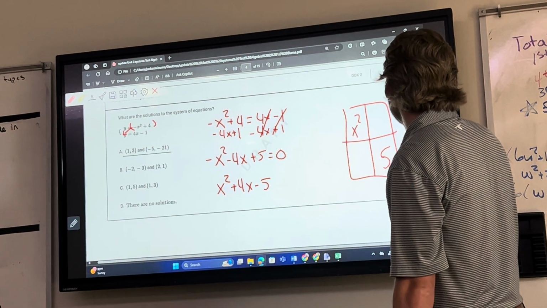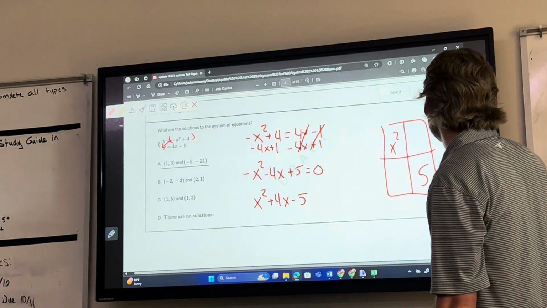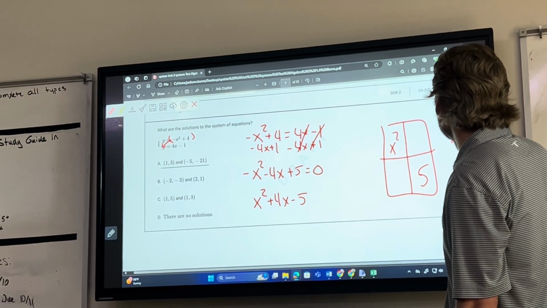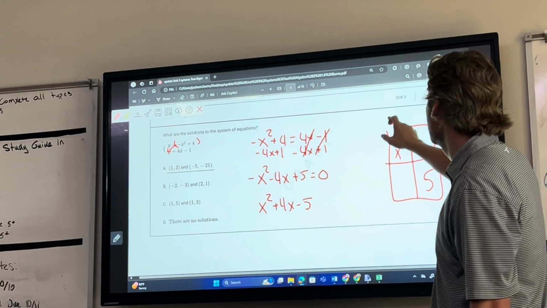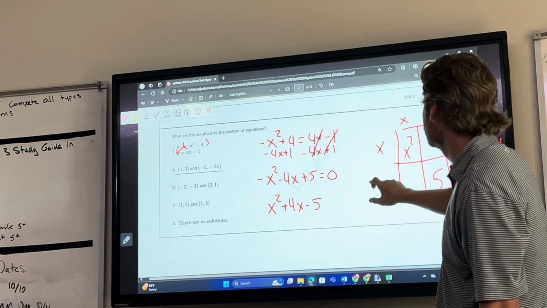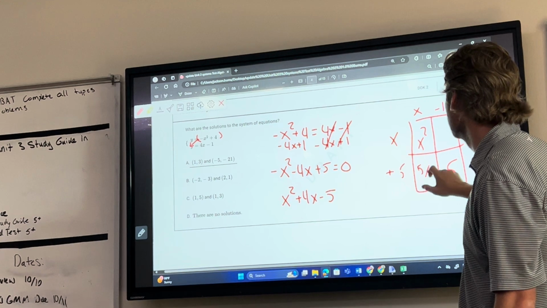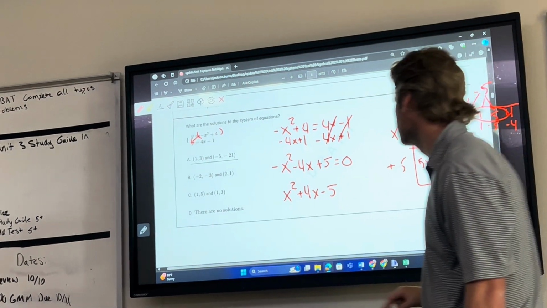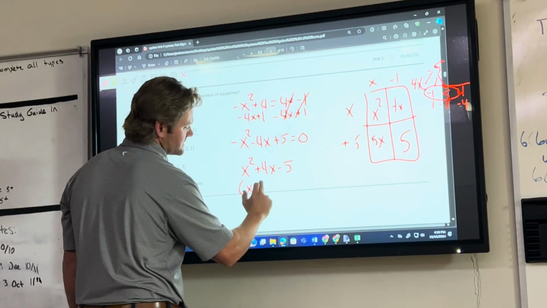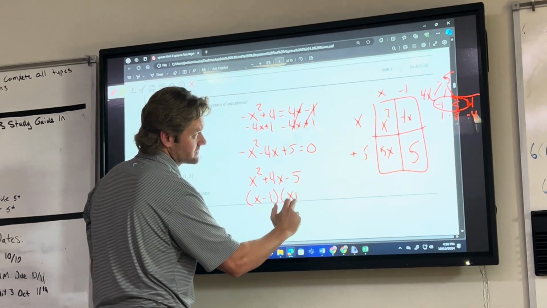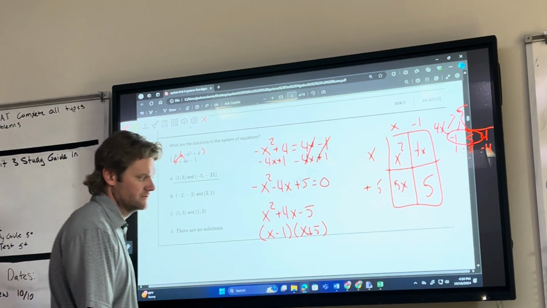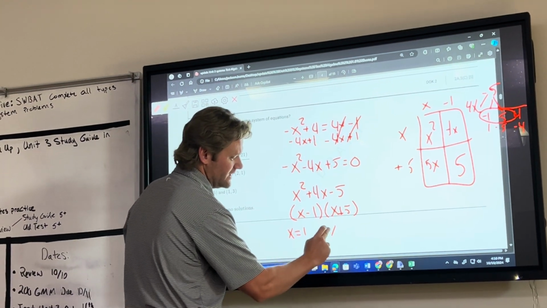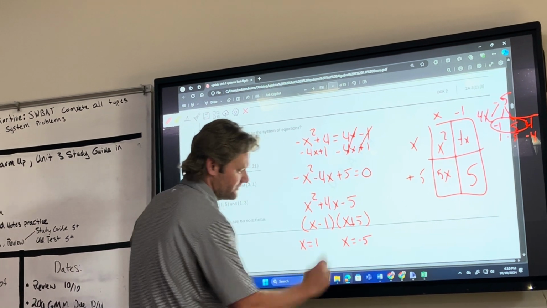I could have negative 1 and 5, or I could have a positive 1 and a negative 5. Remember, I need a positive 4 though, so I'm going to choose my negative 1 and my positive 5. That'll give me 5x, negative 1x, which adds up to 4x. So my two factors are x minus 1 times x plus 5. Set those equal to 0. So x equals positive 1 and x equals negative 5.